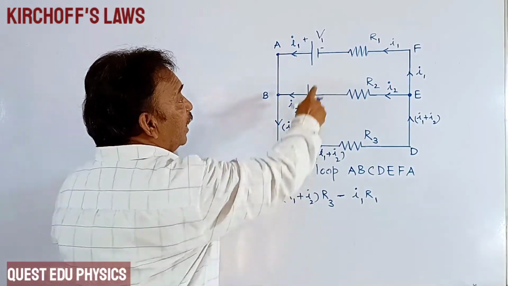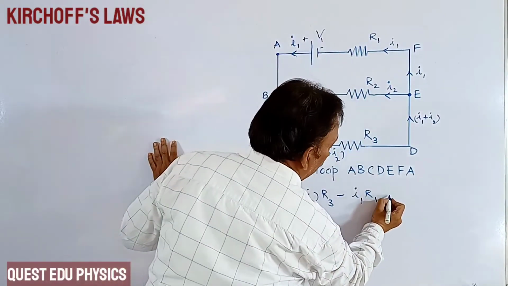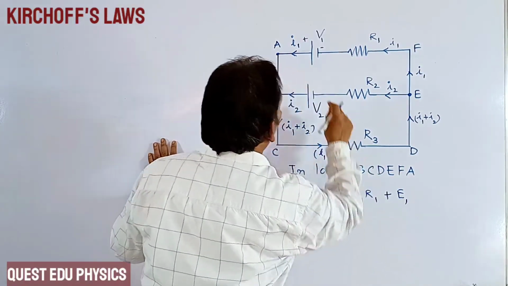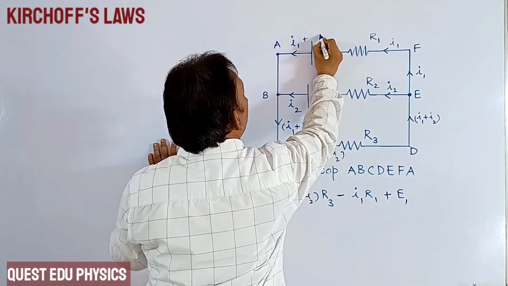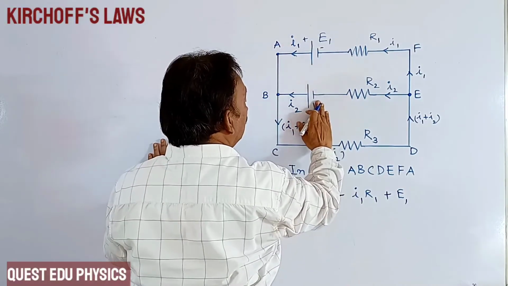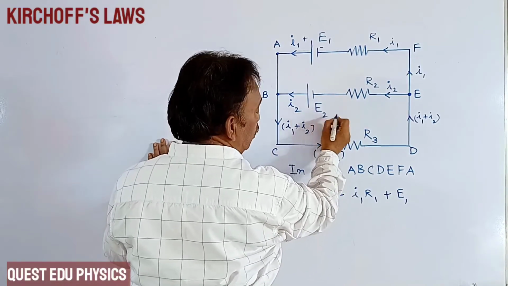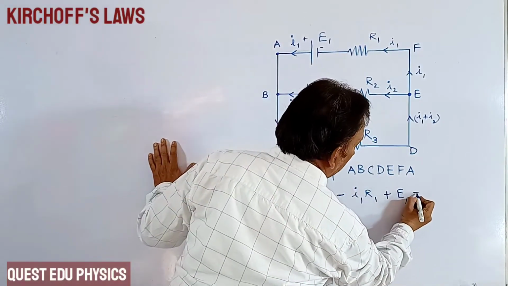Okay, students, here we are raising potential. That means plus E1, or V1. I'm taking it as E1 now. That is the EMF. Then we get minus I1 plus I2 into R3, minus I1 R1, plus E1 is equal to 0.